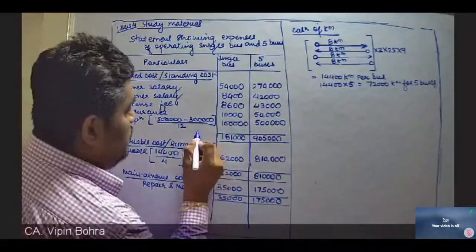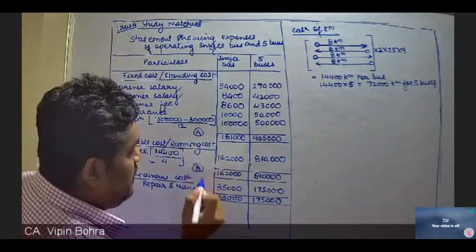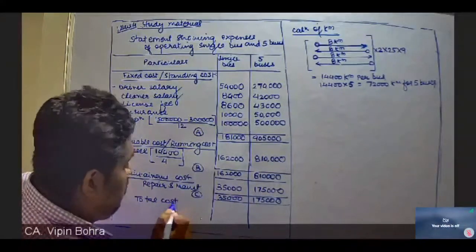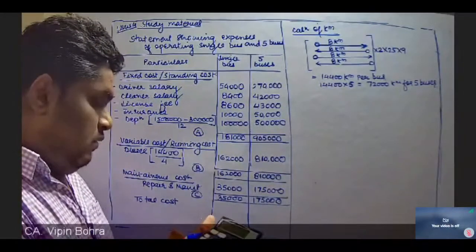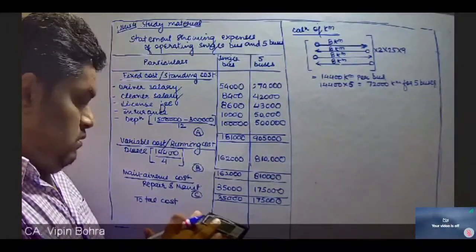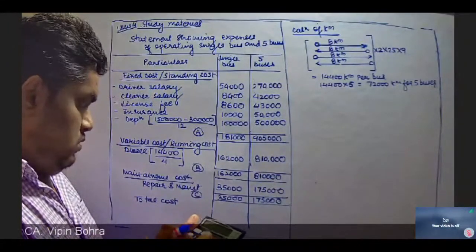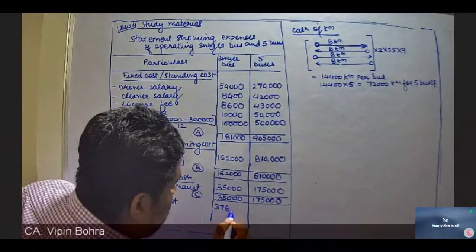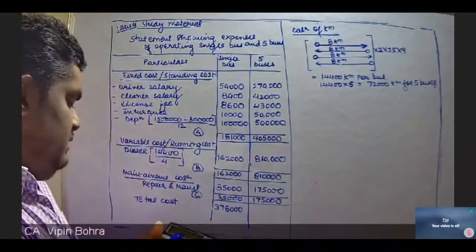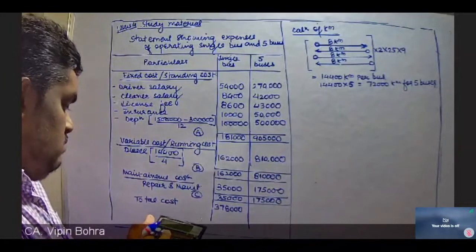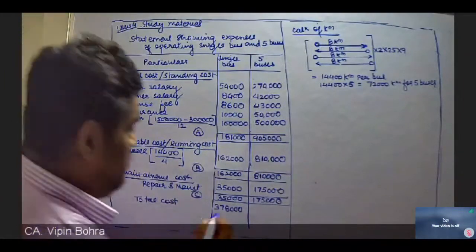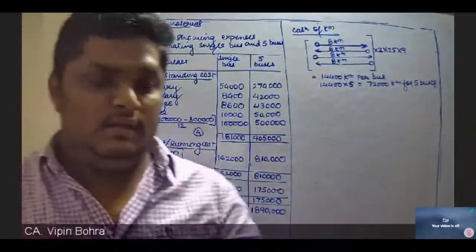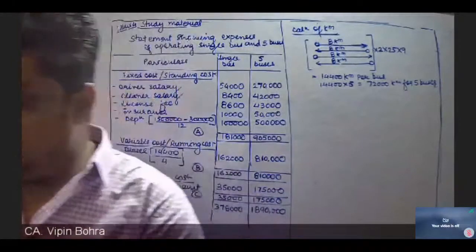Now, this is total A, total B, total C. The total cost we have got is 3,78,000 and 18,90,000. Our cost statement is ready now. Let me check if there are any queries in the meanwhile.